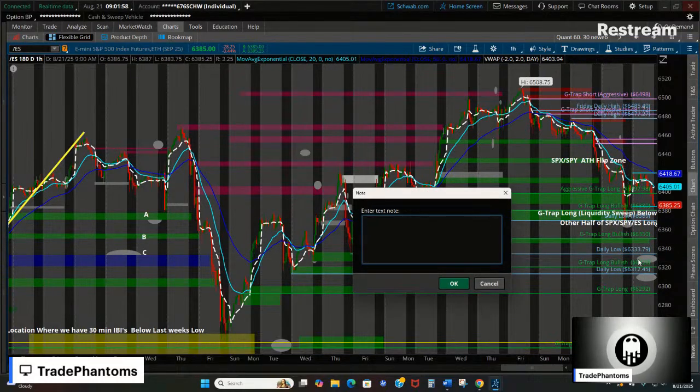So 63.28, that's that daily low liquidity sweep number 1.